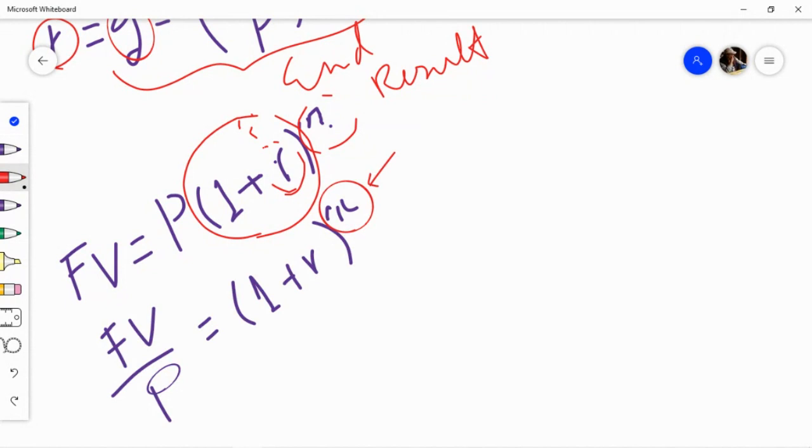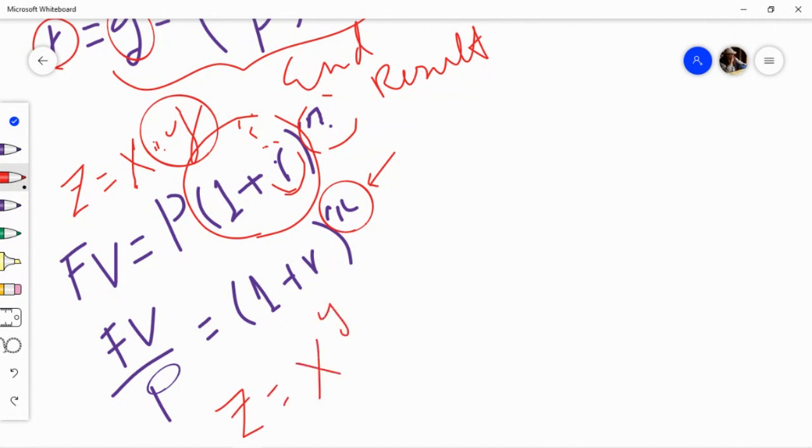Previously, this was like a z equals x times y structure, right? Now we isolated only y. Now it is like z equals x raised to y format.